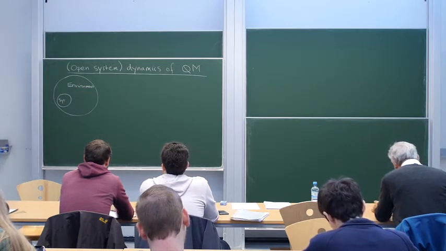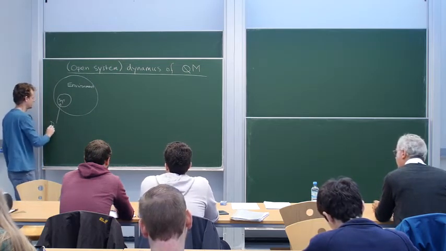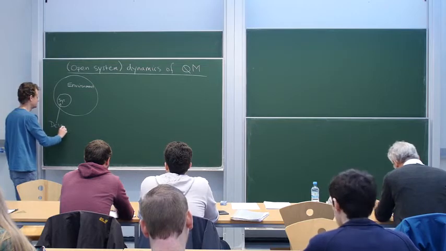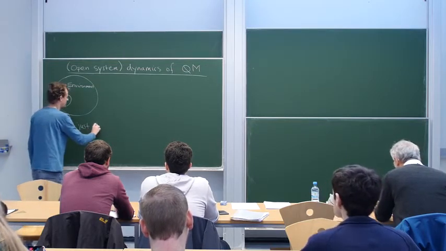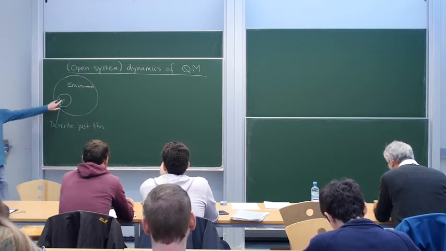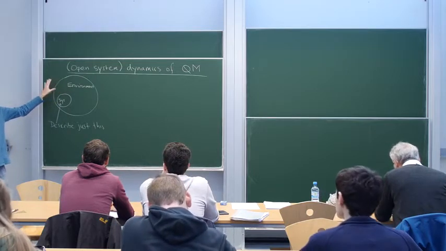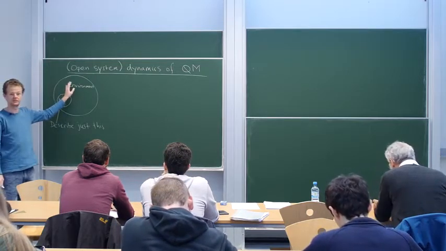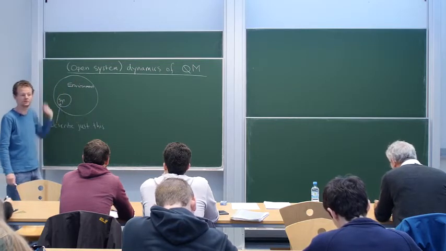And our task is to describe just this. How does this small part of this bigger quantum system behave as time passes? And we can model every experiment in this way.